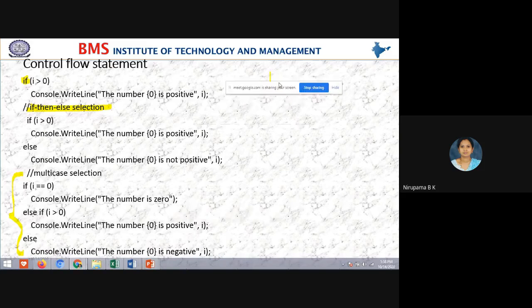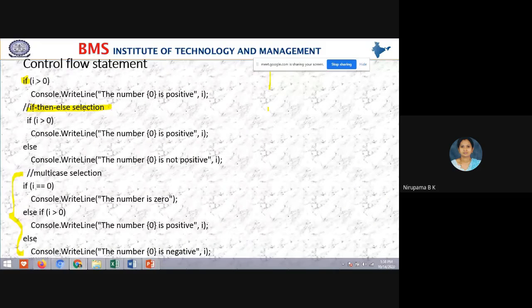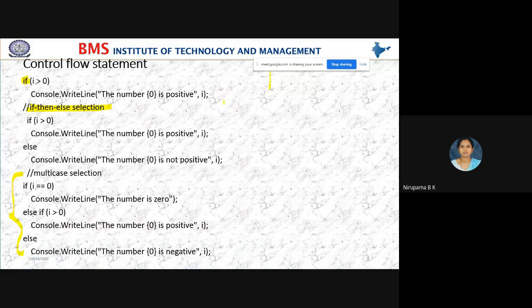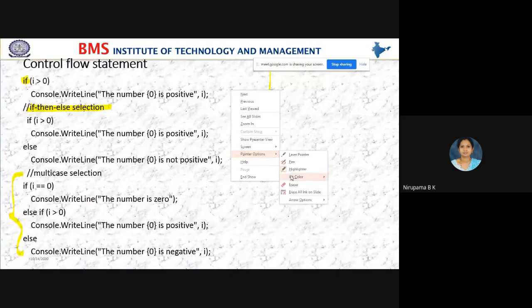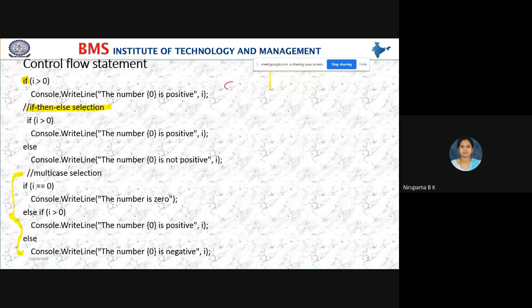The control statements we have are if, else if, and nested if. We use the if statement when we want to take some decision.